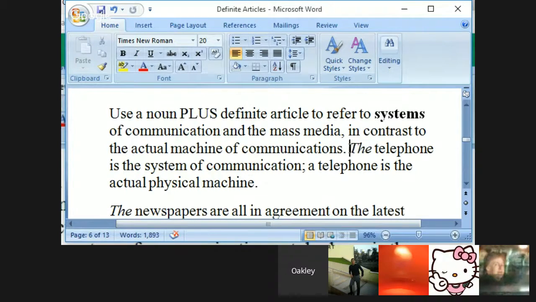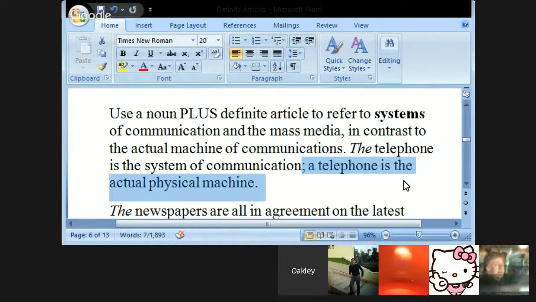For example, the telephone is a system of communication, is a correct sentence, even if it's the first sentence. If you're talking about the actual thing you hold in your hand, a telephone is the actual physical machine. Do you see the difference?